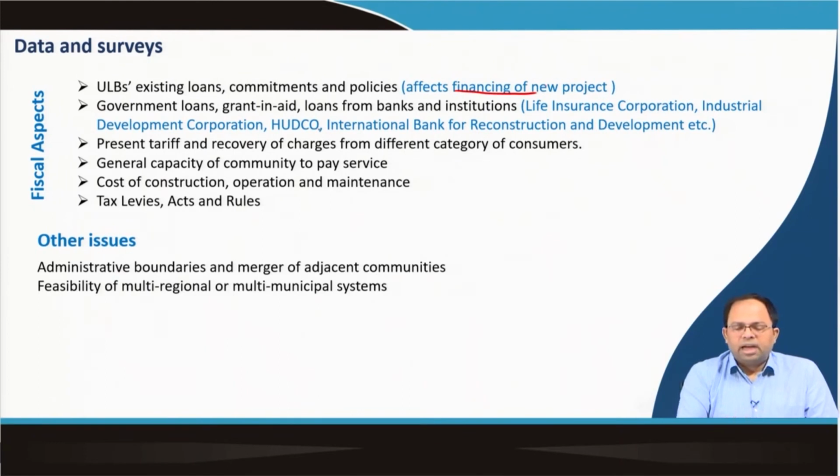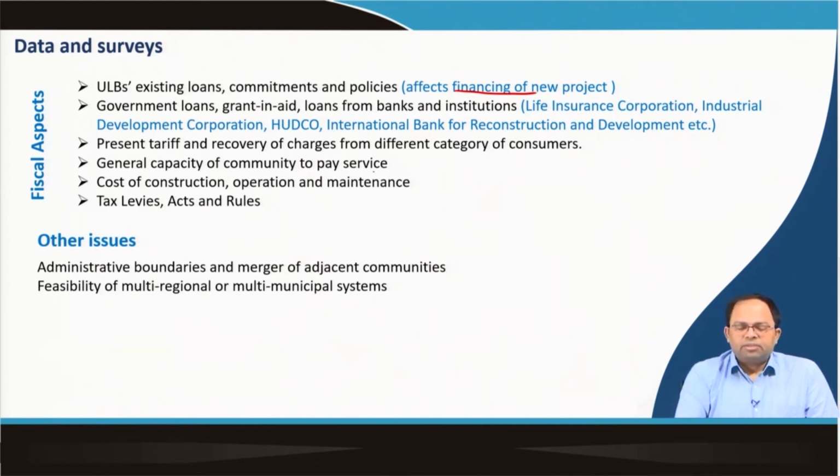Then government loans, grant aid, loans from banks and institutions like LIC, Industrial Development Corporations, HUDCO, International Bank for Reconstruction and Development. So, these are the different banks which give long term loans at smaller interest rates for this kind of projects. Then present tariff and recovery of charges from different categories of consumers.